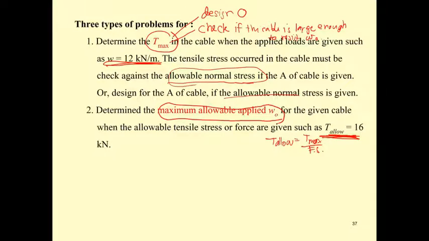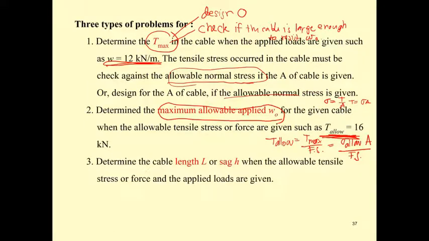And this T max can be computed easily if you have stress equal to T over A, so T equals sigma A. So the T max can be sigma allow times the area, then divided by the factor of safety. The sigma allow may be 100 megapascal, the area of cable may be 100 millimeter squared, and the factor of safety may be 2. You can find the T allow.